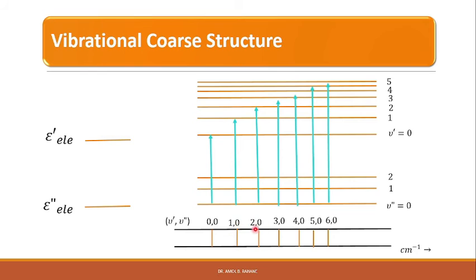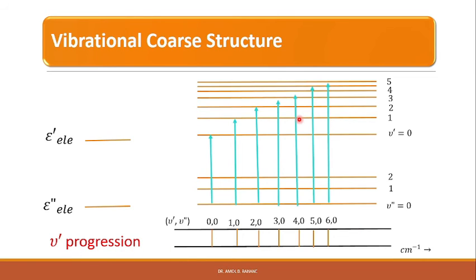Under low resolution each line of the set appears somewhat broad and diffuse, and it is more particularly called a nu prime progression. Why nu prime progression? Since the value of nu prime increases by unity for each line in the set, we call it nu prime progression.